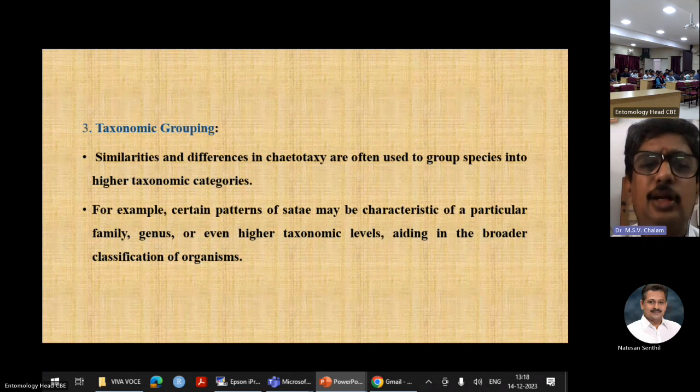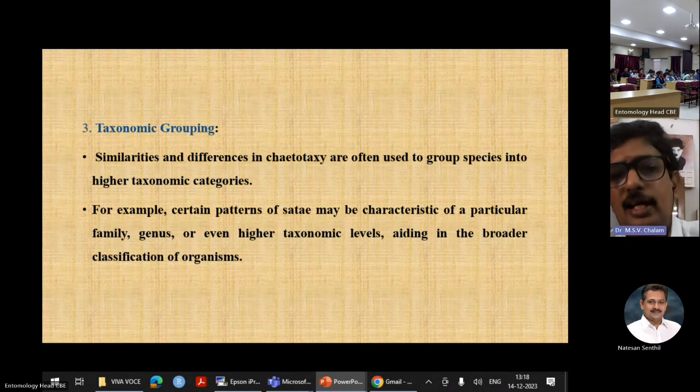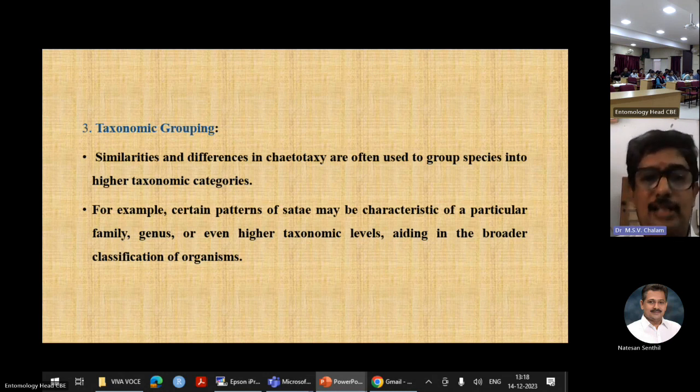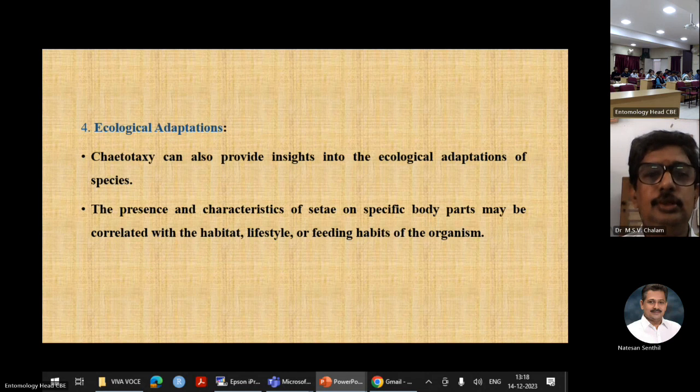Taxonomic grouping: species which have similar Chaetotaxy, maybe at the family, genus, or higher taxonomic levels, may be grouped, which aids broader classification of organisms. Next one, please. Then ecological adaptation, of course, this is a very minor one.